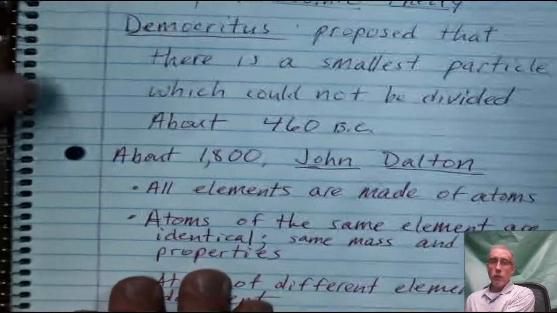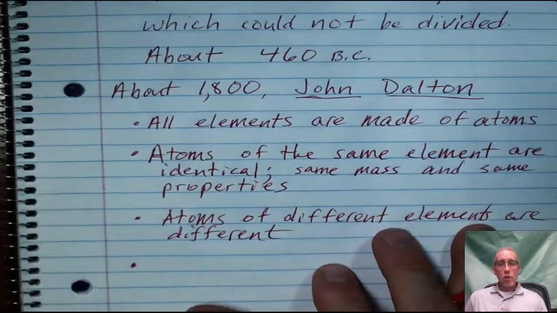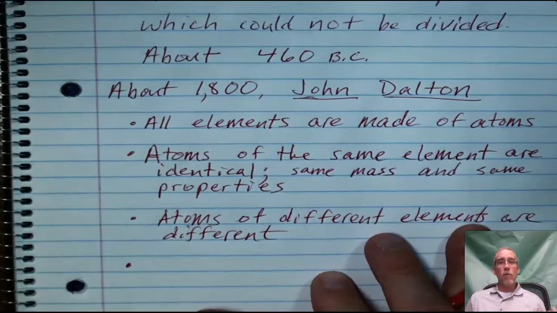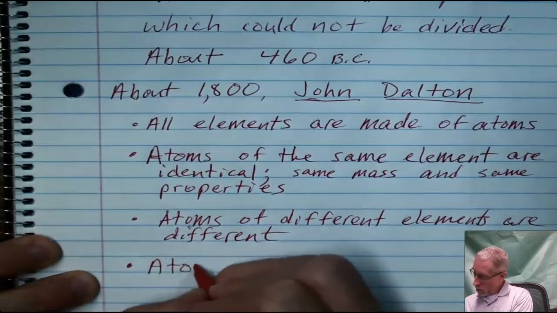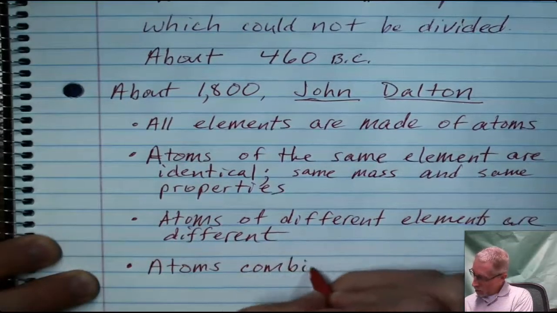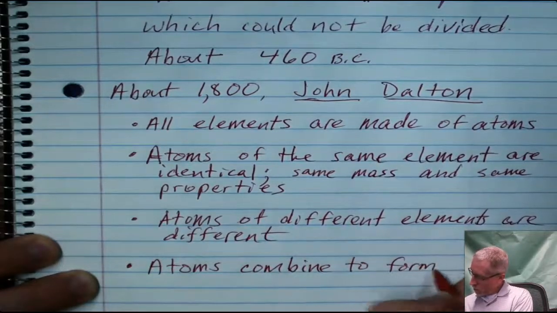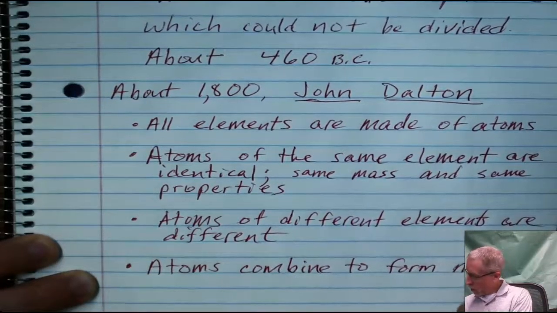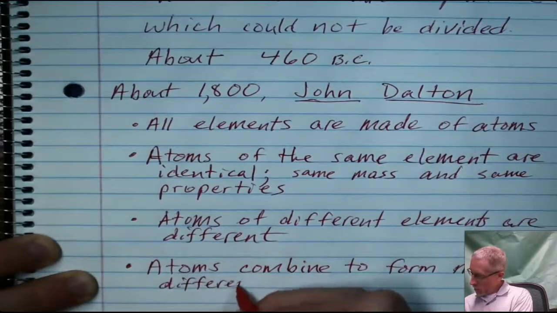So what was helpful about this is that it could explain not just individual elements, but all the stuff around us is made up of a combination of elements. So atoms combine to form many different compounds.